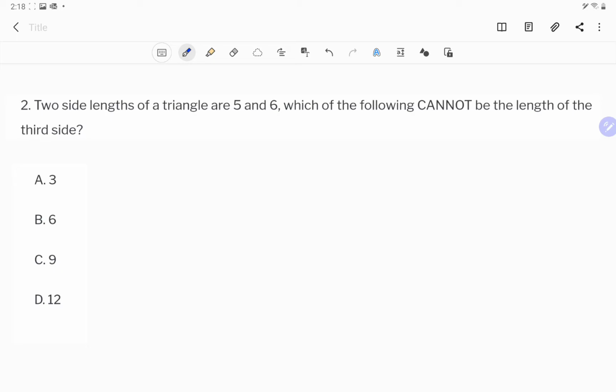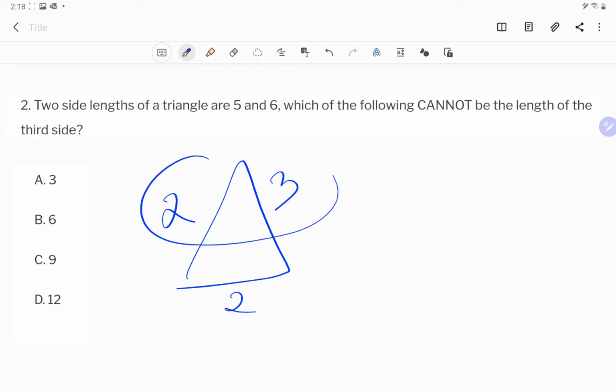For example, we have a triangle here. Let's say we've got a 2, and then we've got a 3, and then we've got a 2 here. When we add these 2 together, 2 plus 3 is equal to 5.